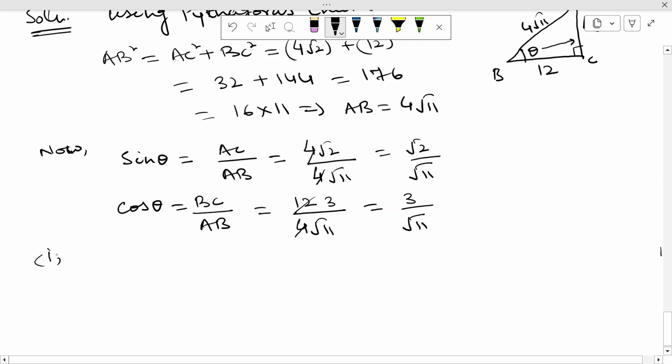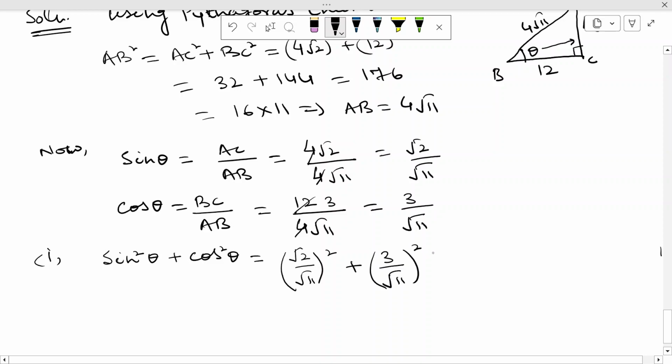Now, coming back to the first part. In the first part we have to obtain the value of sin square theta plus cos square theta. Sin square theta will be root 2 over root 11 whole square plus cos square theta, that will be 3 over root 11 whole square.